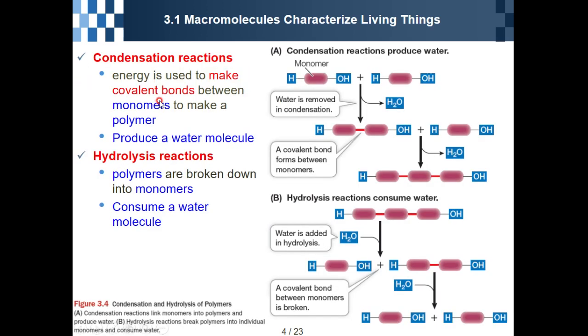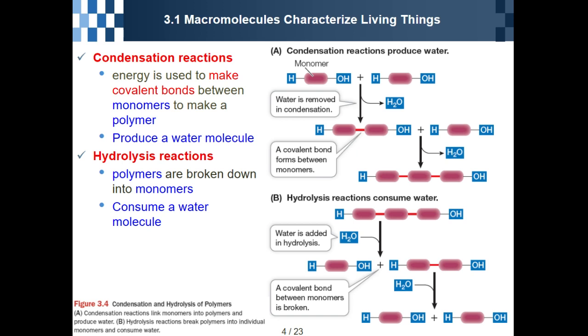Okay. So now we finally cover, in the first chapter, the condensation reaction and the hydrolysis reaction. Condensation reaction, in Korean we call it 축합 반응. Hydrolysis reaction, in Korean we call it 가수분해 반응.